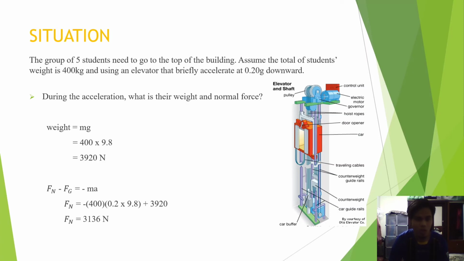That is weight, and for normal force, Fn minus Fg equals negative ma. Fn equals negative 400 times 0.2 times 9.8 plus 3920. So Fn equals 3136 Newton. That is the normal force.